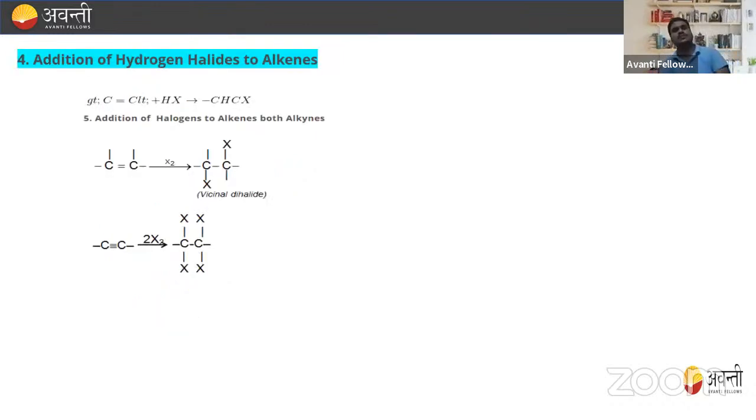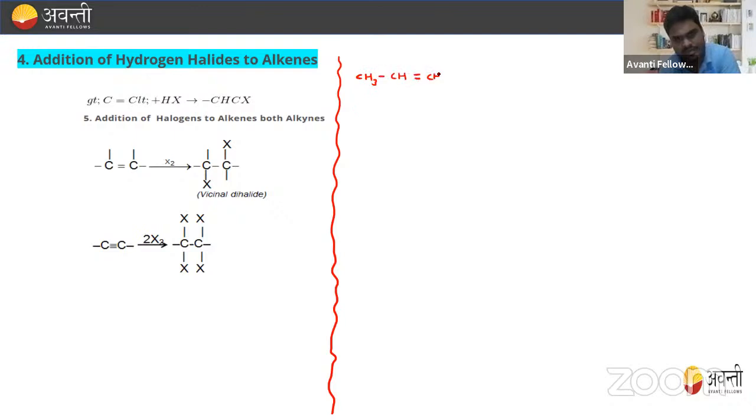Now, this one is also very important: the addition of hydrogen halide to alkenes. This is going to be very, very important. Let us assume we have an alkene like CH3-CH=CH2, propene.